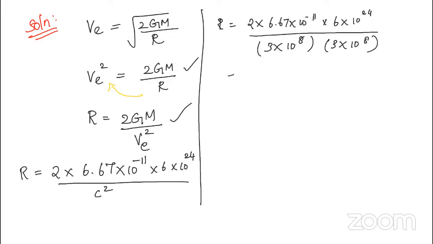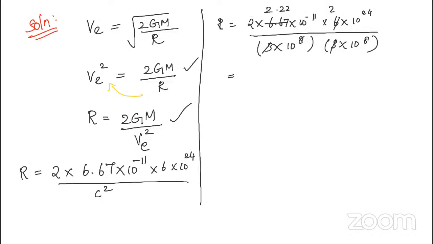Here we have to cancel this one, this is 2 times, so also cancel 2.22.